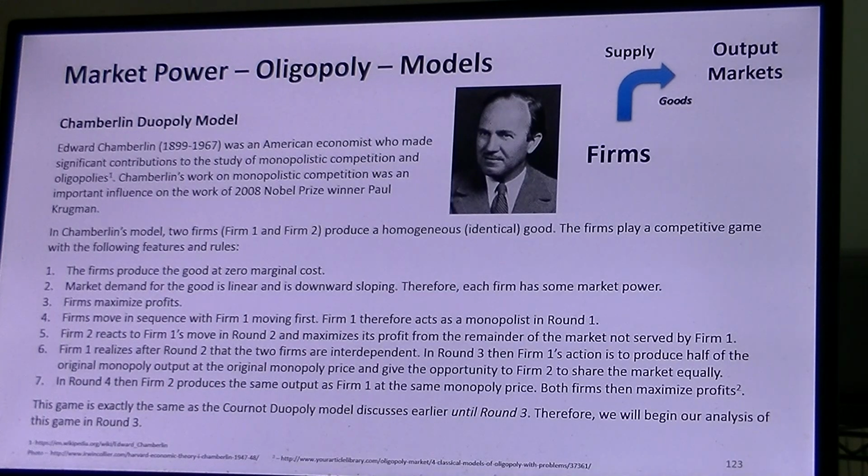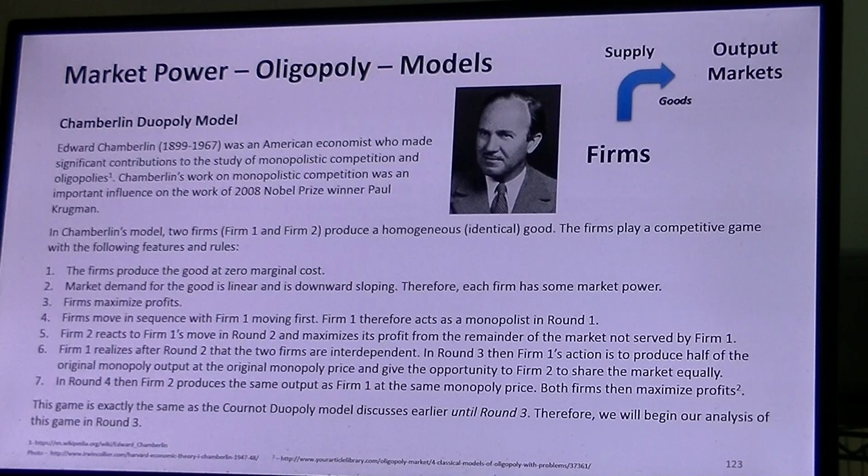Firm 2 reacts to firm 1's move and maximizes its profit from the remainder of the market not served by firm 1. So the first two rounds are exactly the same as the Cournot model, and the same in terms of movement and strategy as the natural monopoly model that we looked at earlier in this class.